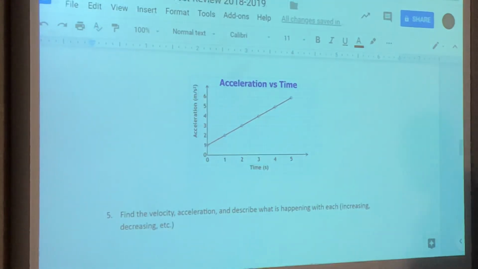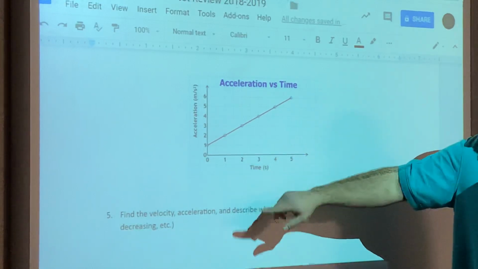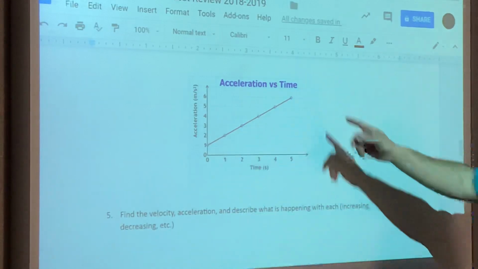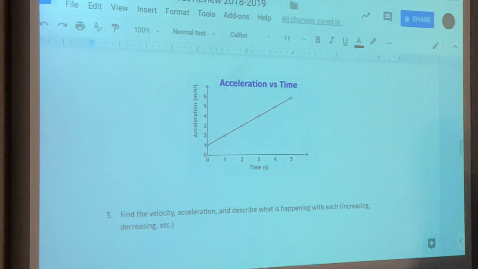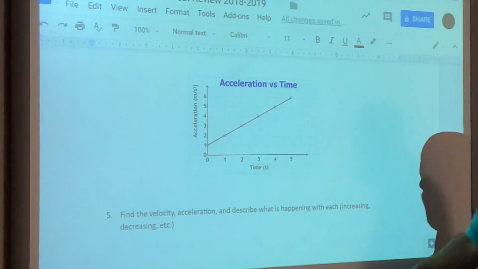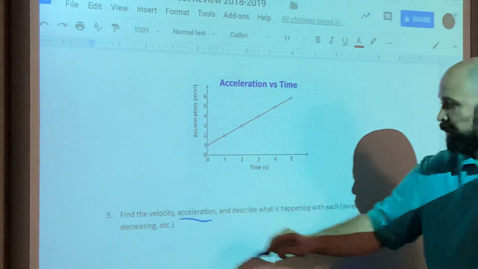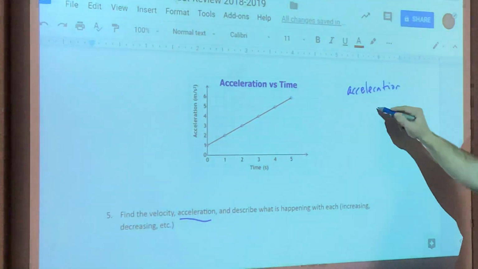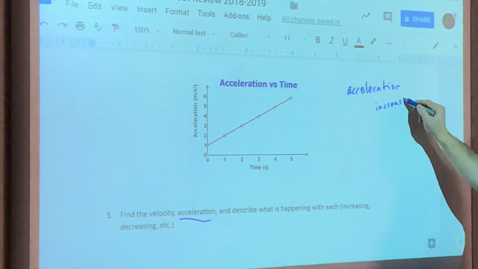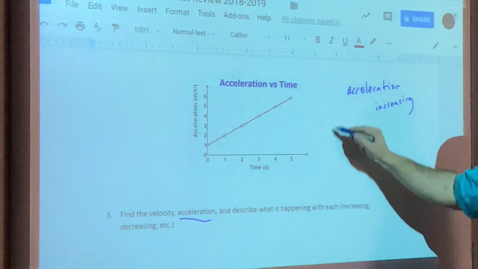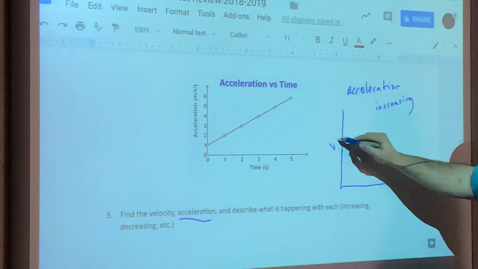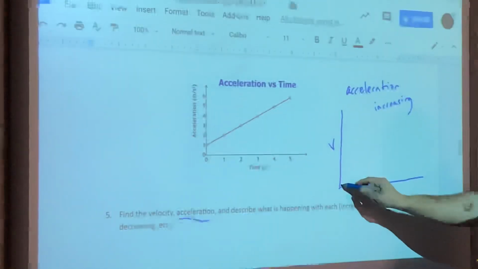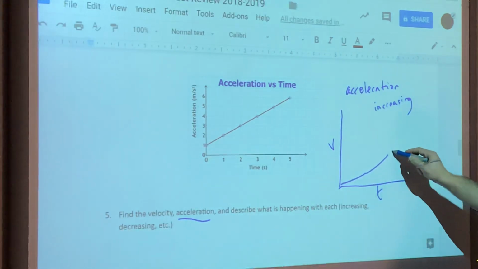If you have a big acceleration, you change your speed faster; with a smaller one, you change it more slowly. Okay, so the important thing to understand here, if we're trying to find out what our acceleration is, this object, what's happening to acceleration? The acceleration is increasing, so that's the first thing, right? We can describe that. If we had to describe the velocity of this graph, we would show that the velocity was increasing slowly at first, but then it starts increasing faster.